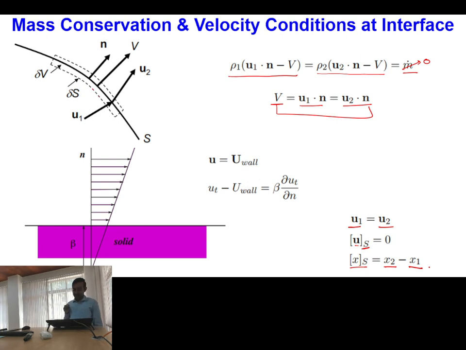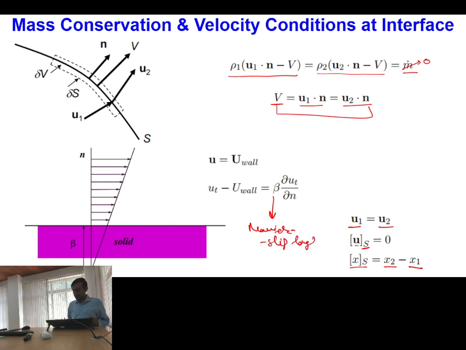Okay, and in case we are considering microscopic systems, then of course there will be relative motion, and to define that relative motion we can use the Navier slip length.